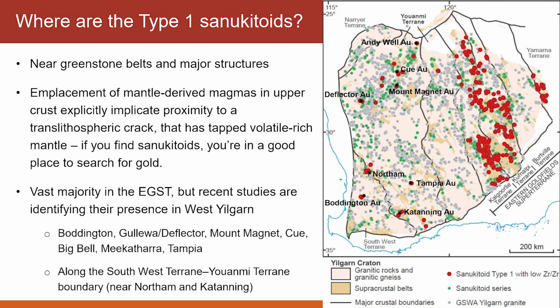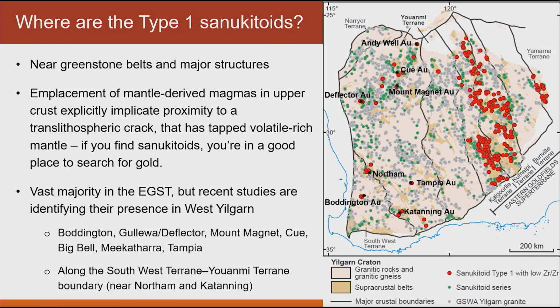Obviously, the vast majority of them are in the eastern goldfields, but more recent work that's coming out, a lot of the sampling we've been doing since 2020 has started finding these type 1 sanukitoids in and around gold deposits, at least in the West Yilgarn. So around Boddington and Deflector, Mount Magnet and Kew.